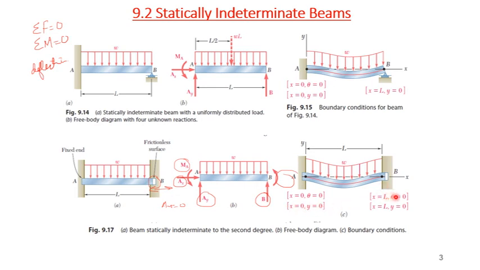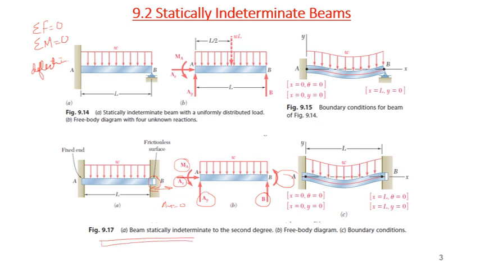And at x equal to L, theta will be 0 and y will also be 0, because there is no angular movement, so theta will be 0, and same over here. And it's fixed, so no vertical movement. With this we will get another equation and find the redundant reactions.